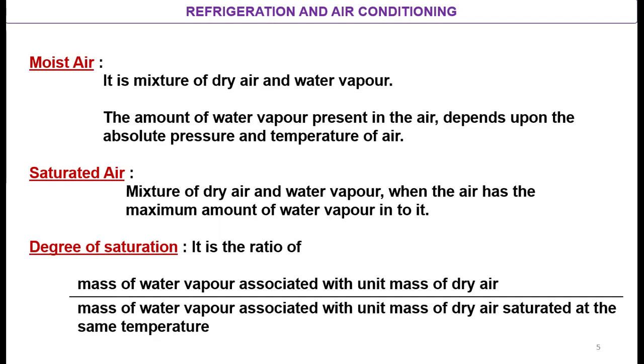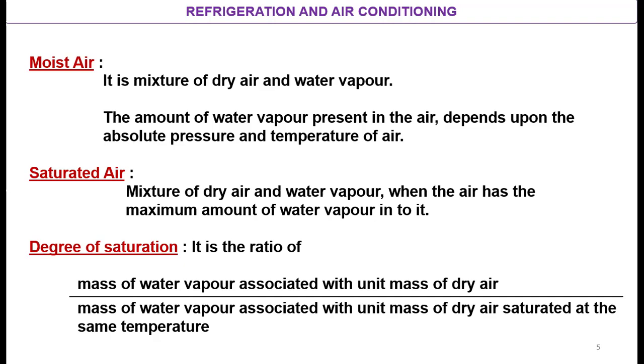The next term is known as saturated air. It is a mixture of dry air and water vapor. When the air has the maximum amount of water vapor in it, the air cannot hold any moisture after that point.